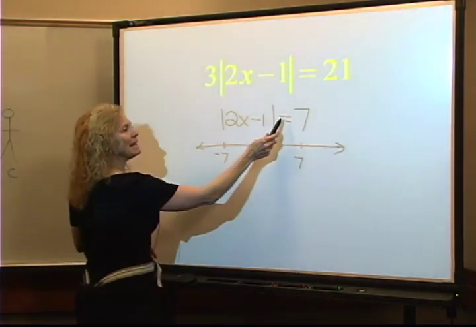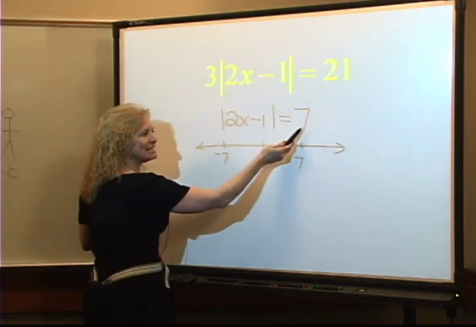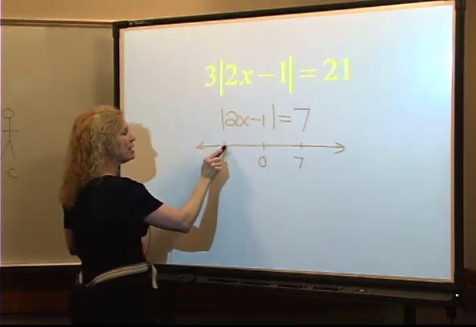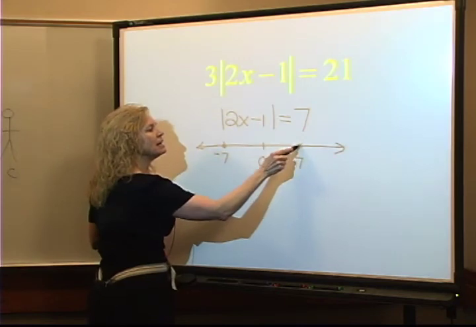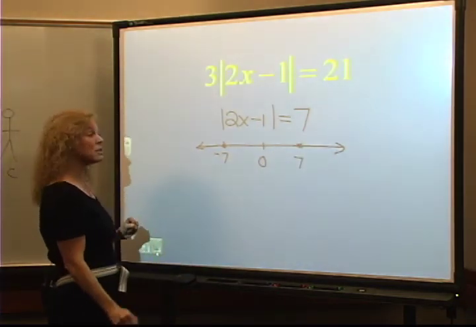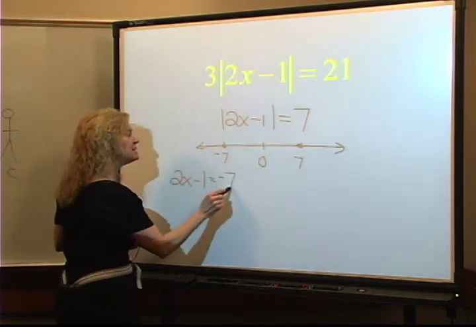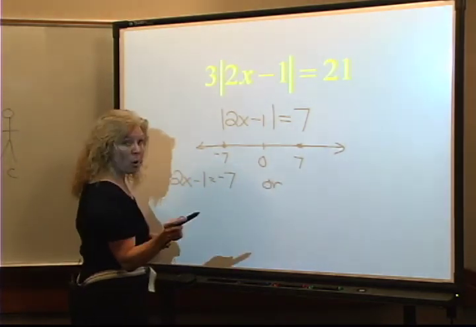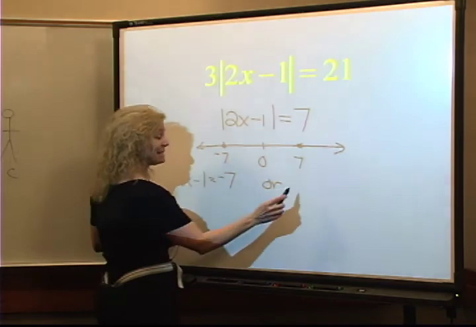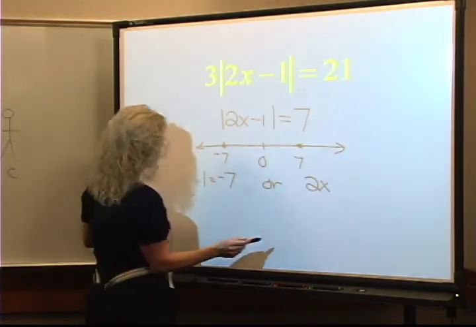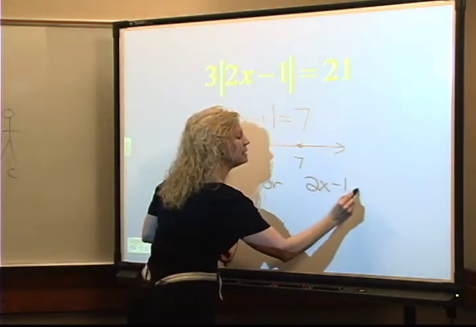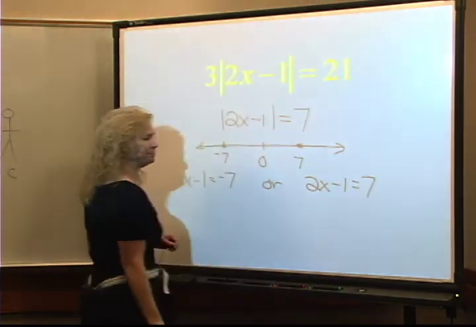If I'm going to be exactly a distance of 7 away on the number line, I have to be sitting at one of those locations. So 2x minus 1 is equal to negative 7, or, and that is the correct connecting word here, 2x minus 1 is equal to positive 7.